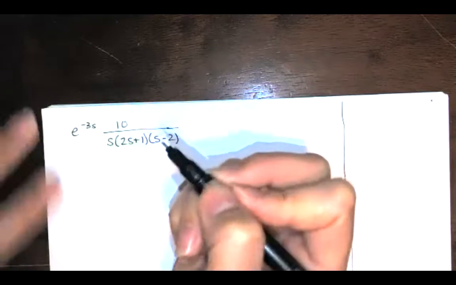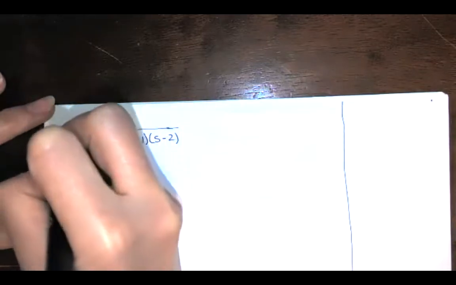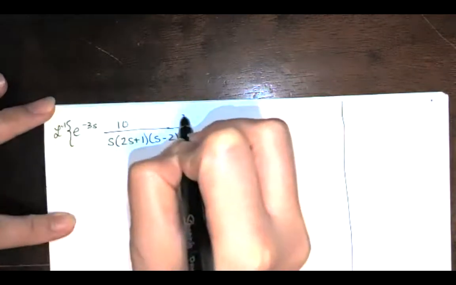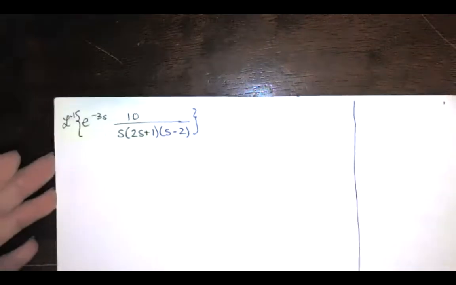So I have e to the negative 3s times 10 over s times 2s plus 1 times s minus 2. And I want to compute the inverse transform of that. It's going to be the first expression as part of my y of t.